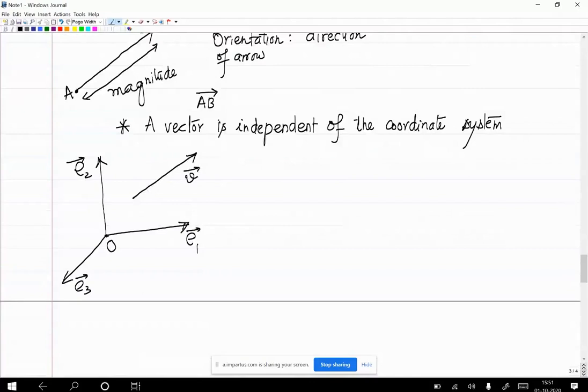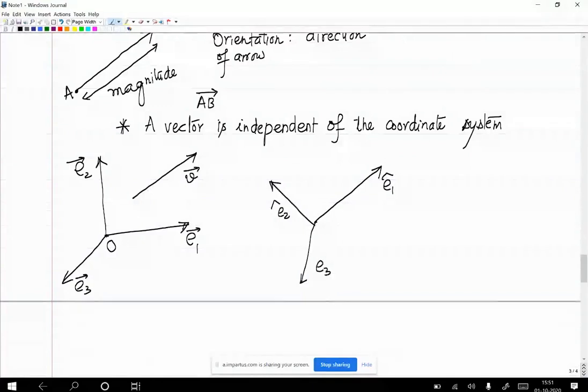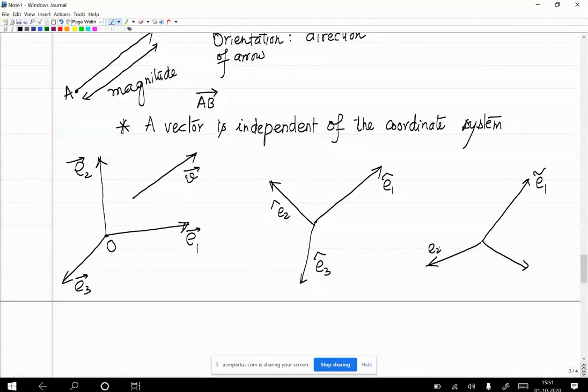Now think of another coordinate system, which could be E1 hat, E2 hat, and E3 hat. So it's a hat coordinate system. Or you can think of another one, tilde coordinate system: E1 tilde, E2 tilde, E3 tilde.